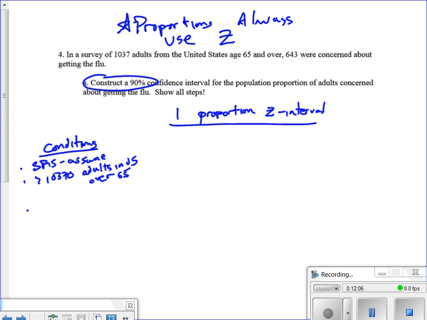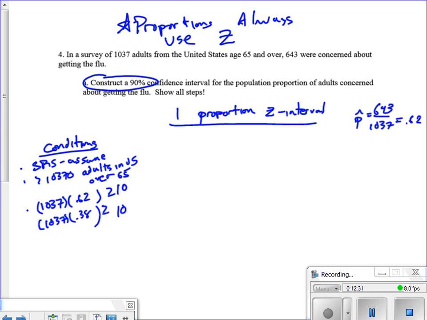And then since this is a confidence interval problem, we're going to use p hat here. So the p hat for us is 643 over 1037. That's a p hat of 0.62. So both of these are in fact over 10. Good to go.